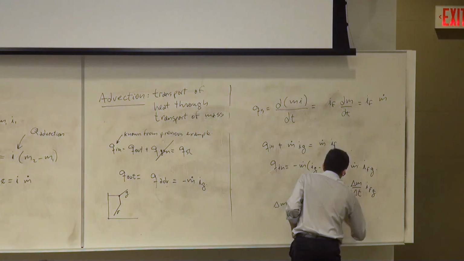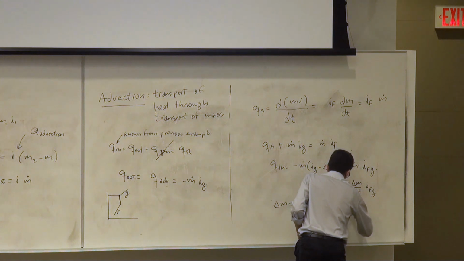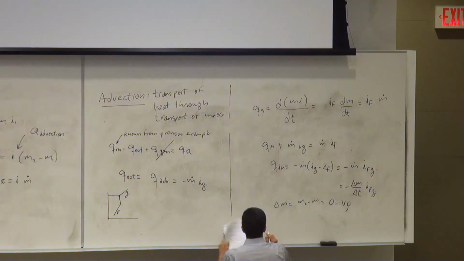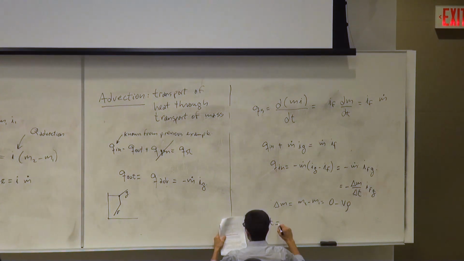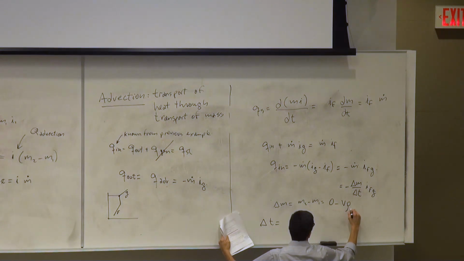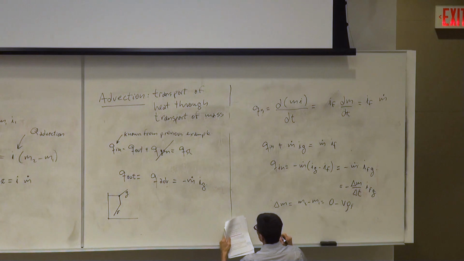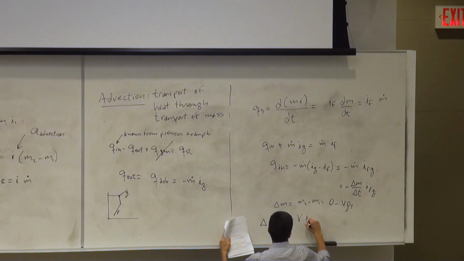That would be volume times density, right? So from here we can solve for time and get delta T equals volume times rho_F, this is density of the liquid times the volume times I_FG, over Q in, which we have.